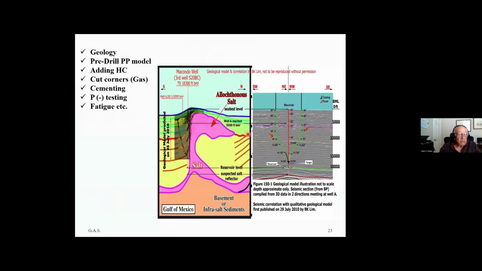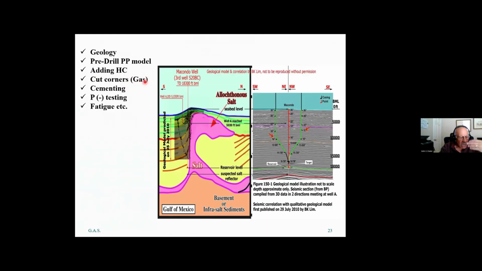Everybody just says that was wrong. Is the geology wrong? If the pre-drilling model was adequate, would they have used the salt buoyancy effect? Did they add the hydrocarbon column to the model? Did they cut corners?